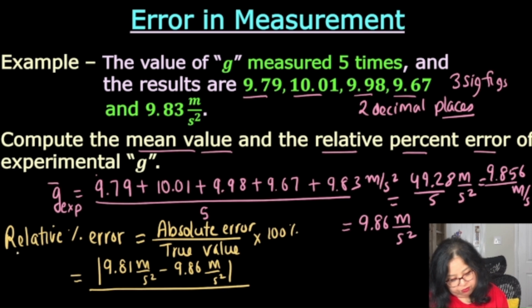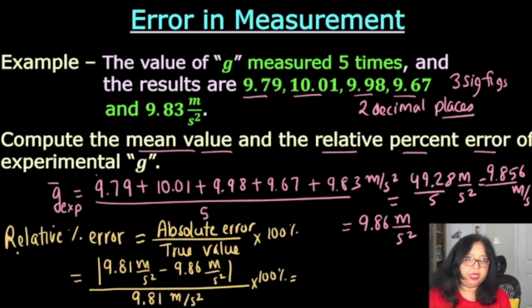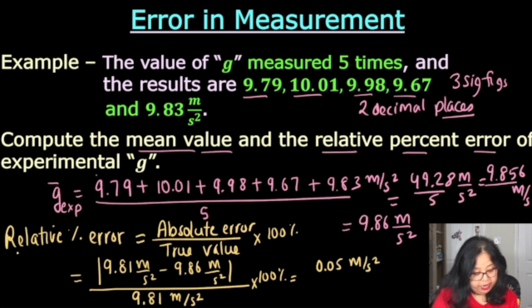Absolute value of this difference divided by true value of 9.81 meters per second square times 100%. So 9.81 minus 9.86 is negative 0.05. Since we're taking the absolute value, we get 0.05 meters per second square at the top, divided by 9.81 meters per second square at the bottom times 100%.